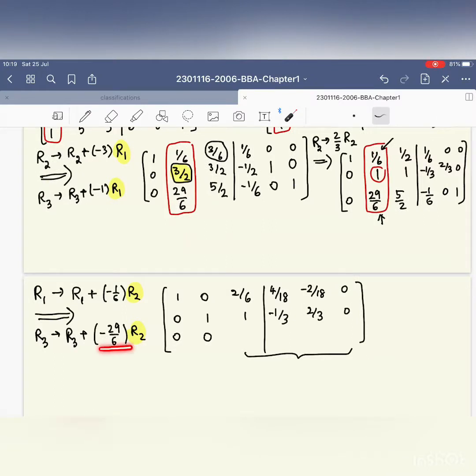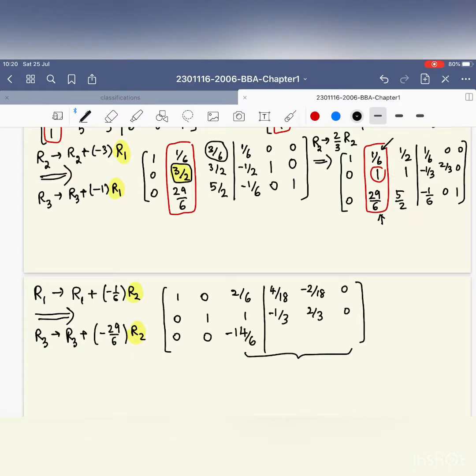Next, okay, this one you multiply negative 29 over 6 to your R2. Okay, so here it is negative 29 over 6 with your 5 over 2, and your 5 over 2 is actually 15 over 6, right? You multiply both by 3. So as you add them up, you have negative 14 over 6.